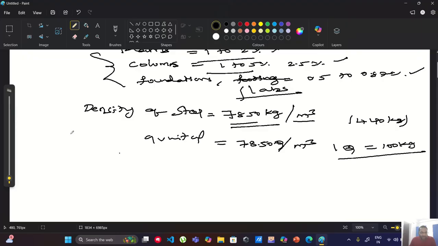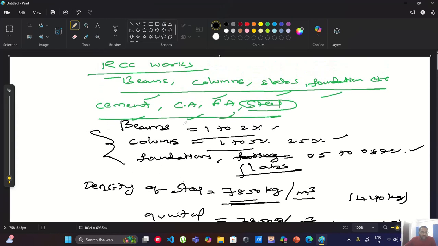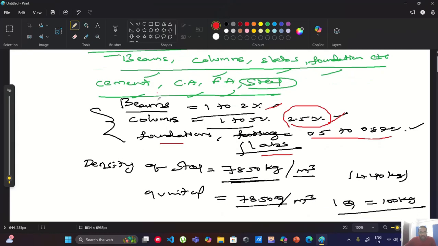So I think everyone is clear about the standard density for steel and the percentages derived from the IS codes. Beams are 1 to 2%, columns are 1 to 5%, frequently only 2.5% considered, and footings and slabs are 0.5 to 0.87.